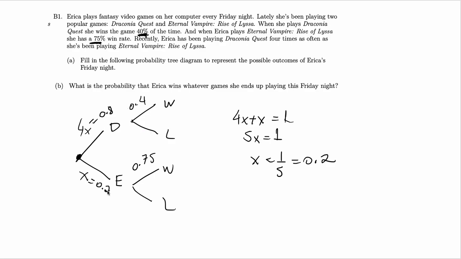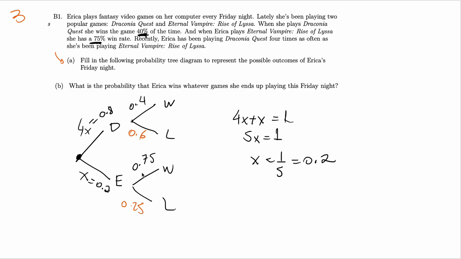Well, we have 0.8, we have 0.2. If we have 0.4, how much has to be here? 0.6. If I have 0.75, how much has to be here? 0.25. This question here is worth 3 points. So, and letter A is 2 points. So just by completing the tree, you would mark 2 points in your test.